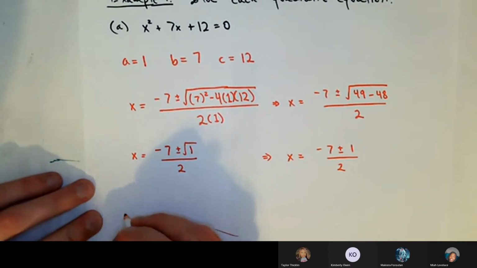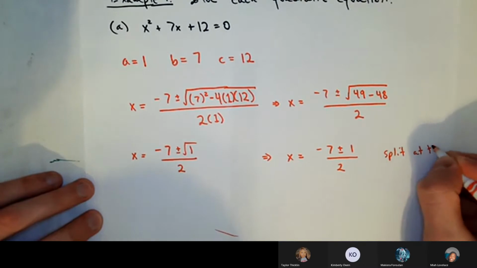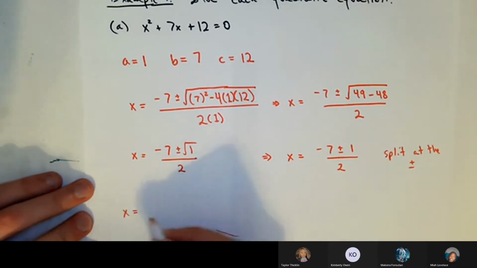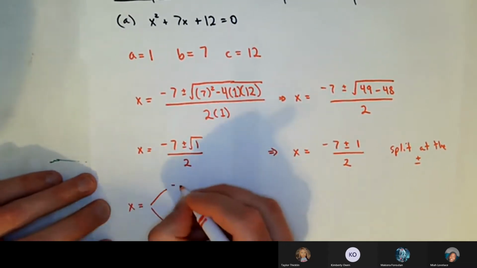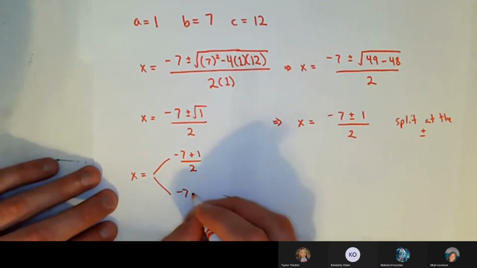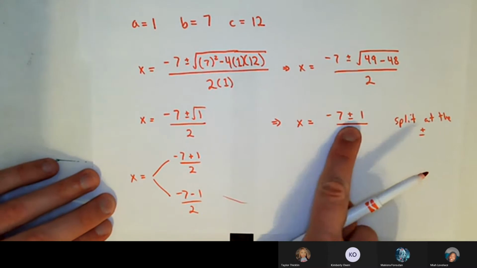So what I'm going to do now is split at the plus or minus symbol. So I'll say x is equal to, and then I'll go like this, showing the split, -7 plus 1 over 2, or -7 minus 1 over 2. So you see I'm splitting at that plus or minus symbol.